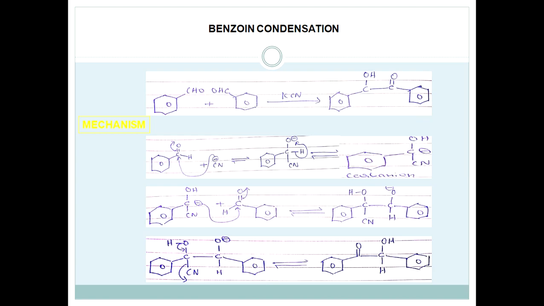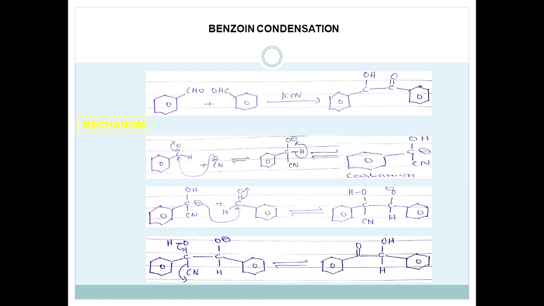So, in the benzoin condensation reaction, here is the self condensation of aromatic aldehydes with no alpha hydrogen, in the presence of cyanide ions as a catalyst, to give alpha hydroxy ketones.